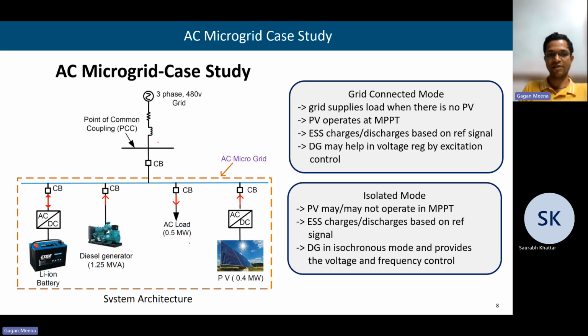So here, because the grid is available, the frequency regulation part is not done by the diesel generator. Only voltage regulation: the diesel generator can help here. If the voltage goes down, then the diesel generator can provide reactive power to improve the voltage level.